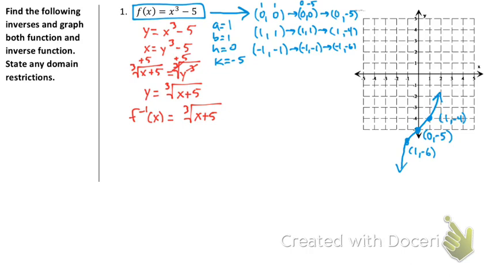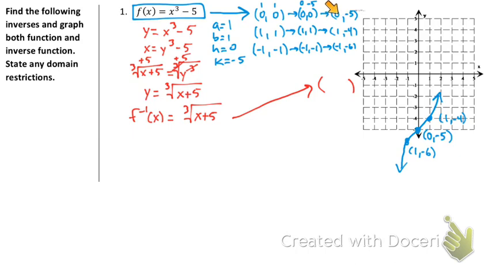All right? For example, my original points are here. Sorry, not original, but my function up here. These are its final points. So what I'm going to do for my inverse is take each one of those points and flip-flop these.